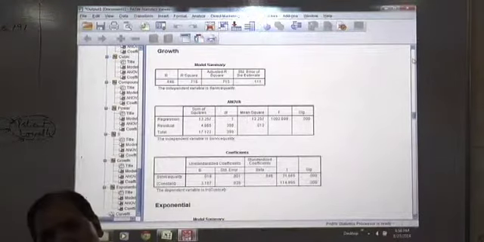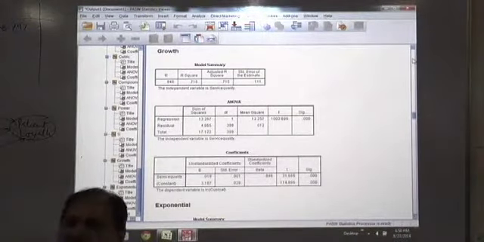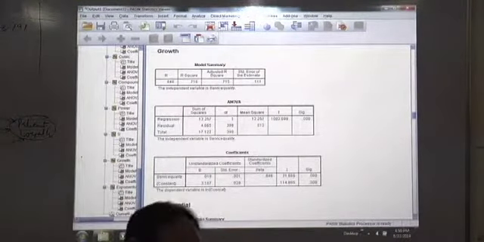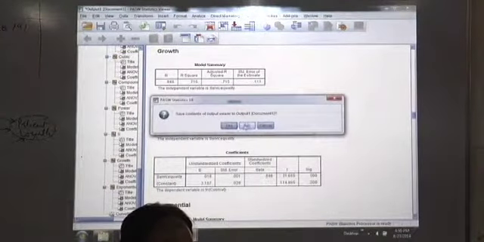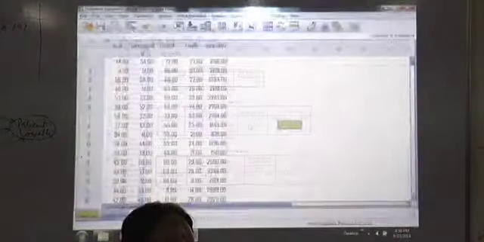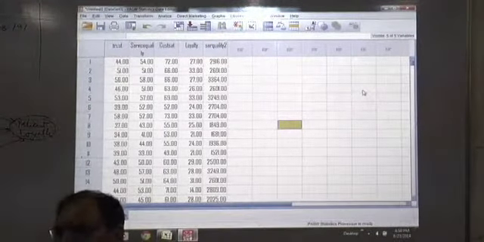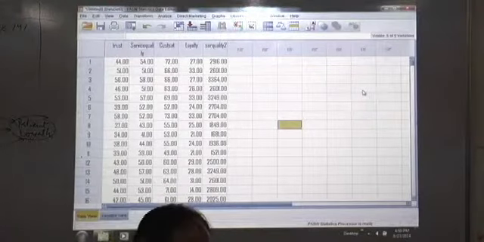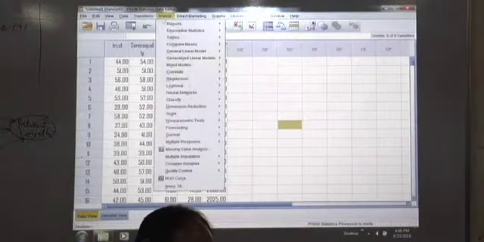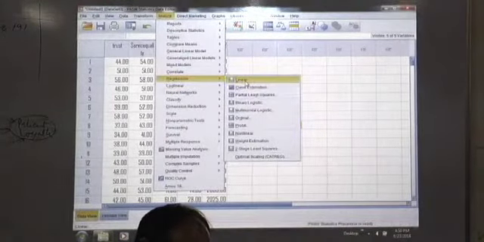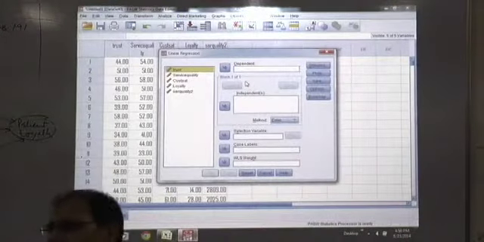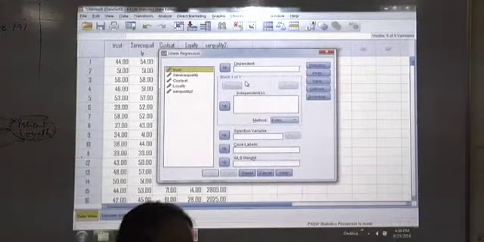So if all the curves are getting approximately the same values and the curve is significant, you can apply that. Since the values are almost similar, you can apply linear. Don't save, and you can remove the output because it will clutter your regression output otherwise. Go to analyze, go to regression, apply linear.